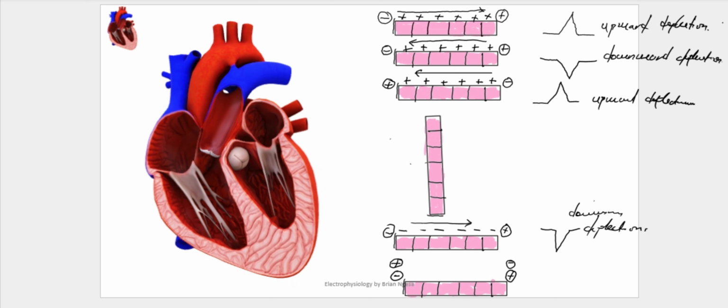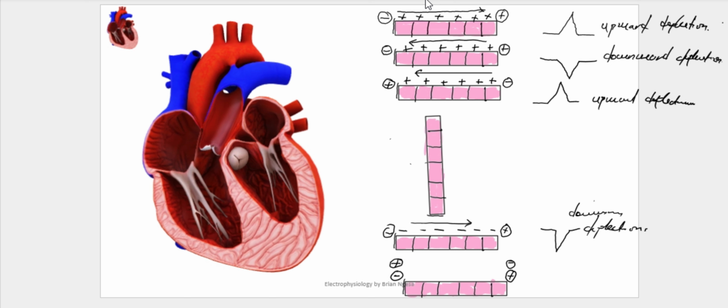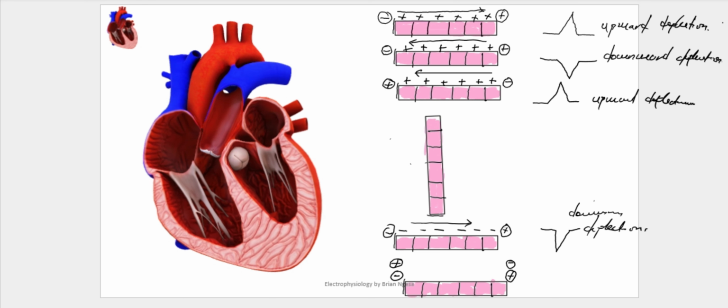So sometimes you can have a state where we are not having net movement of charges. Either the charges are not moving in that the cells are just relaxed and they are not excitable, or in that the cells have just contracted and their contraction is sustained, so that we do not have charges moving.